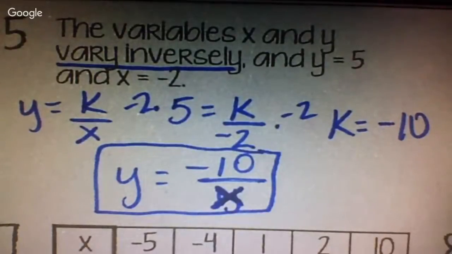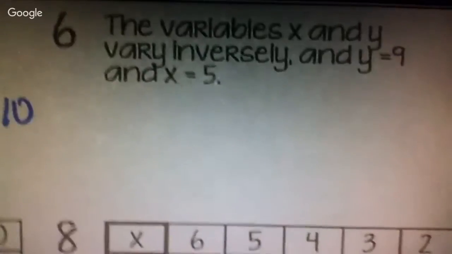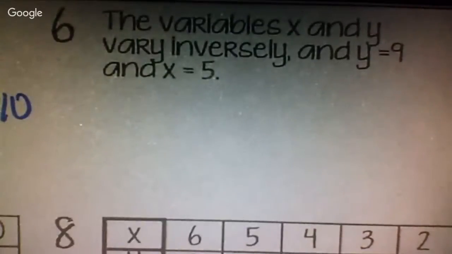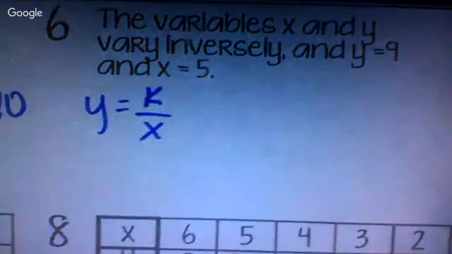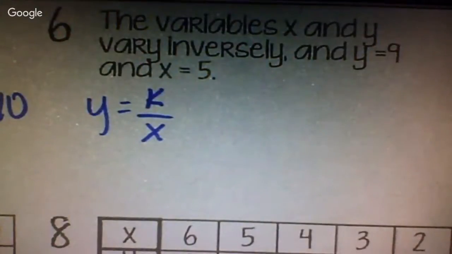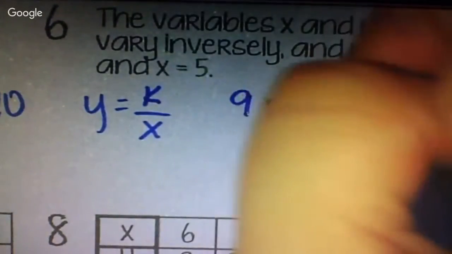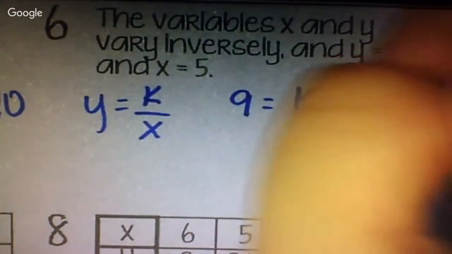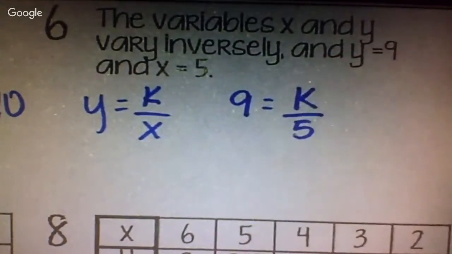All right. The variables x and y vary inversely. So again, we start with y equals k divided by x. This time my y value is 9 and my x value is 5.